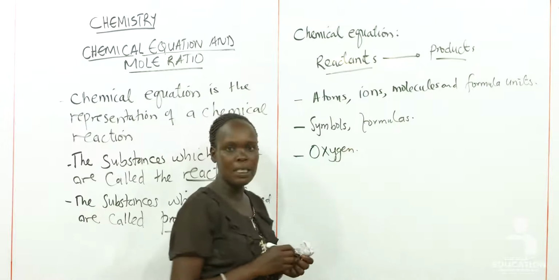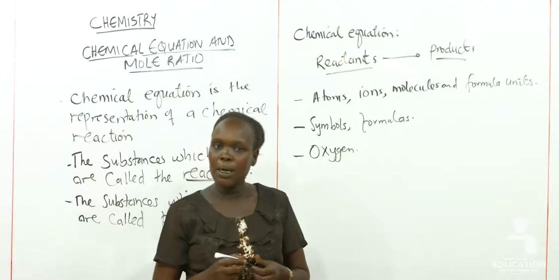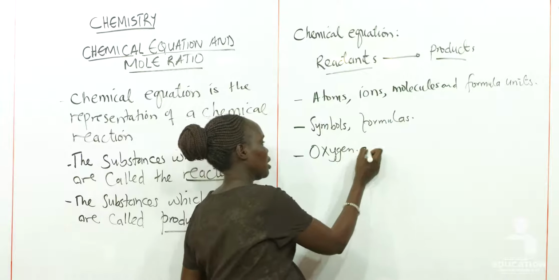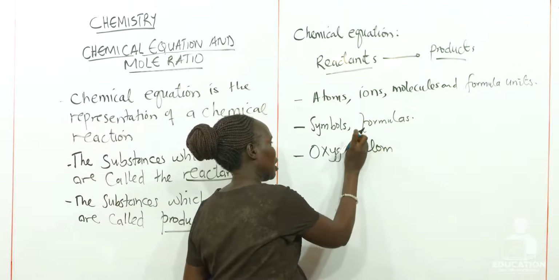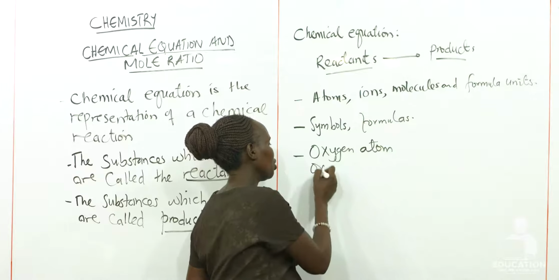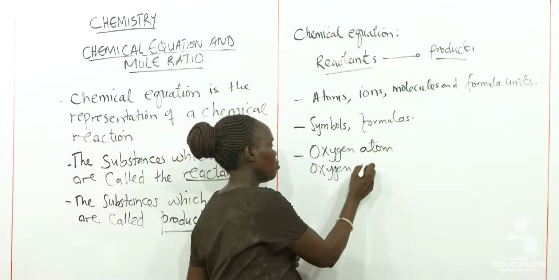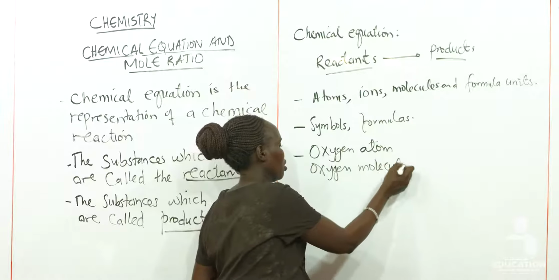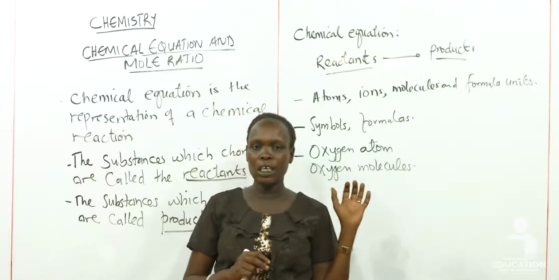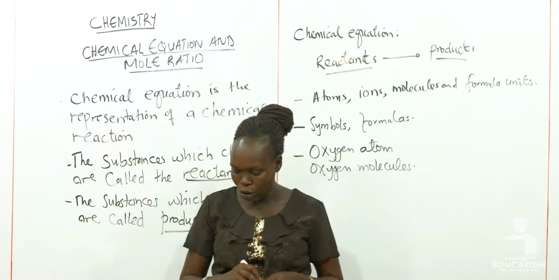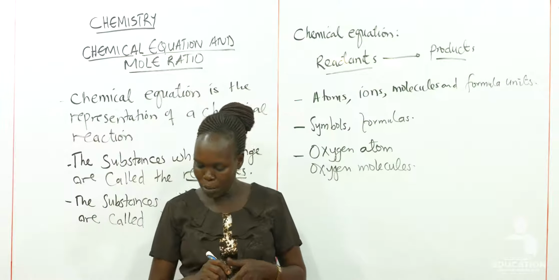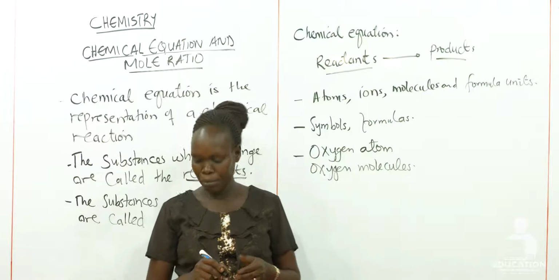This is representing an element, which is a particle, or it can be an oxygen atom, or an oxygen molecule, or it can be an ion, which is known as the oxide ion. So we represent each particle by either a name, a symbol, or a formula.